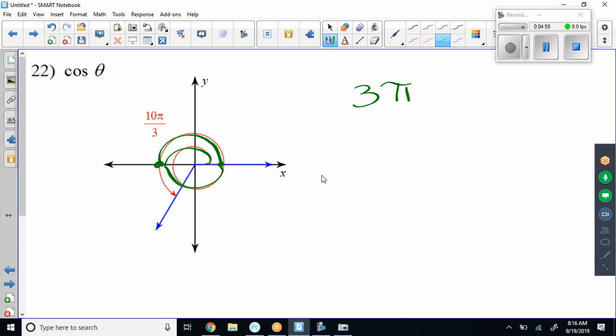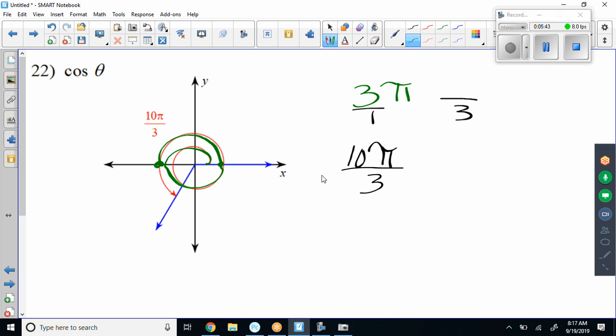Now, what would I need to make a fraction? The whole thing is 10 pi over 3, right? Correct? The whole thing. And then this is how much? 3 pi. Well, I need to make 3 pi as a fraction. And right now, it is as a fraction over 1, right? So what would I need to do to 3 pi to make it be a fraction with a denominator of 3?